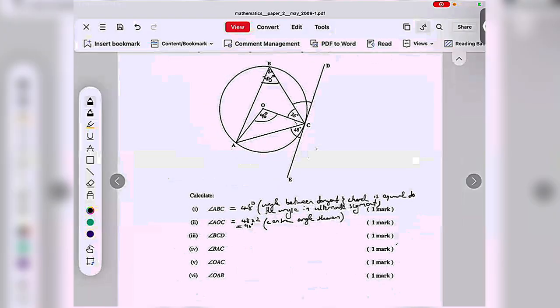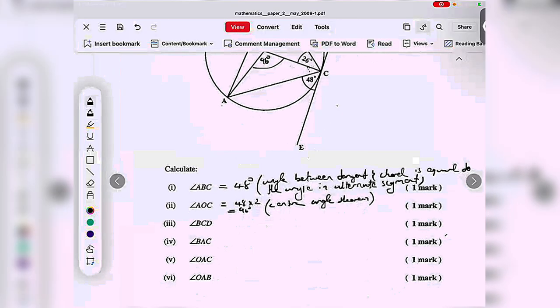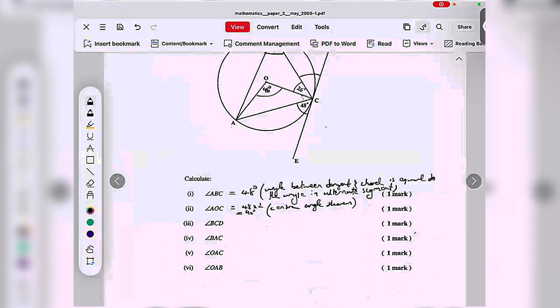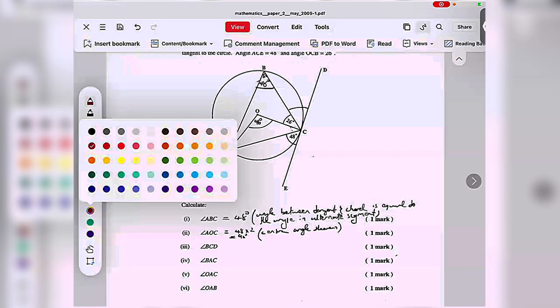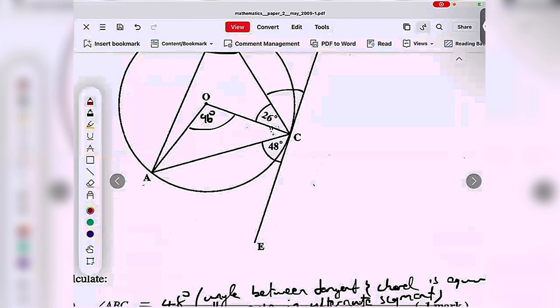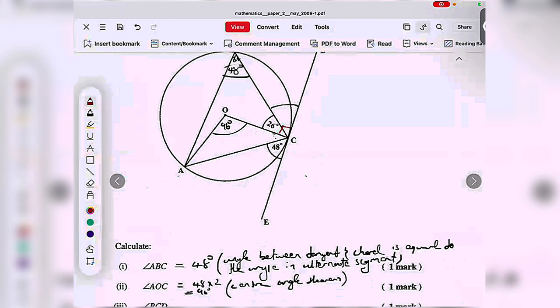The answer is a right angle, 90 degrees. But is that angle 96, or is the angle 96? So take 26 from 90, which is 64. Geneva got the answer before you, that's okay. So that angle is 96.